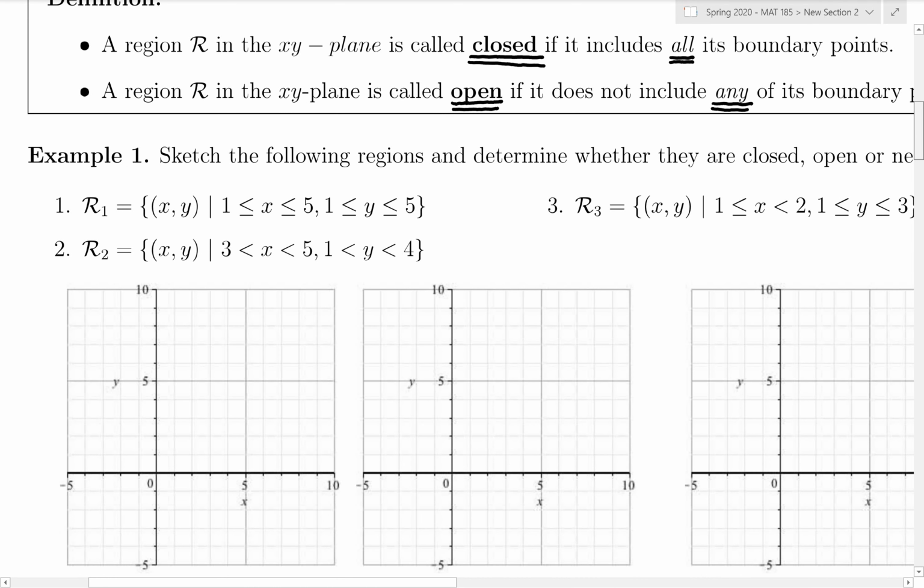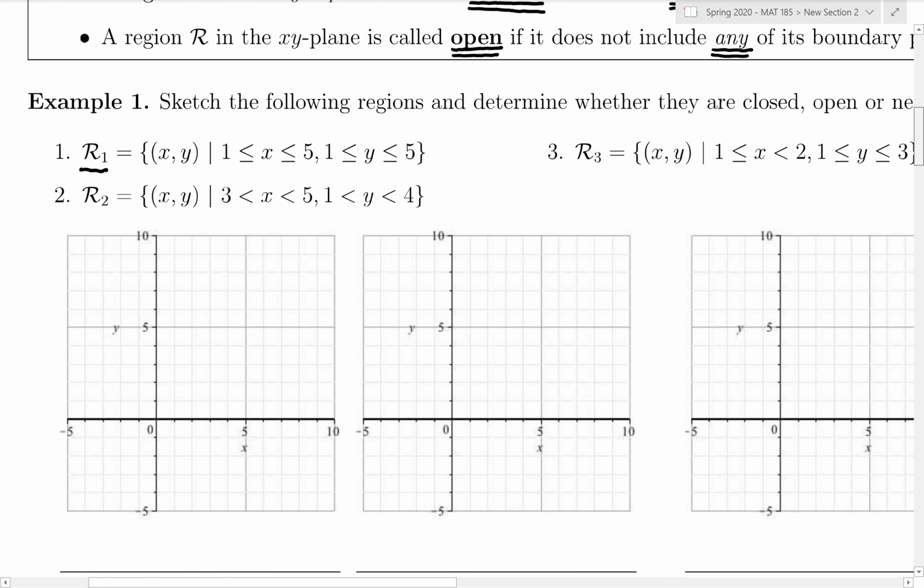First we're given this region R1. It consists of all points x and y, where the x coordinate is between 1 and 5, and the y coordinate is also between 1 and 5. In both cases, the endpoints are included. So let's see what that means. Remember, x is between 1 and 5, and boundary points are included. Included means we draw it with a solid line.